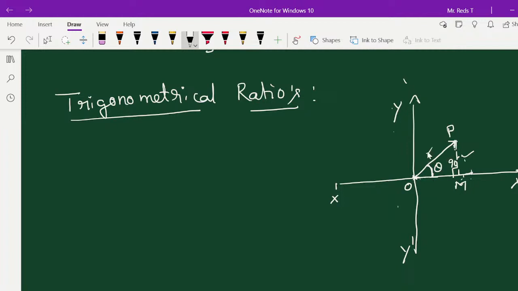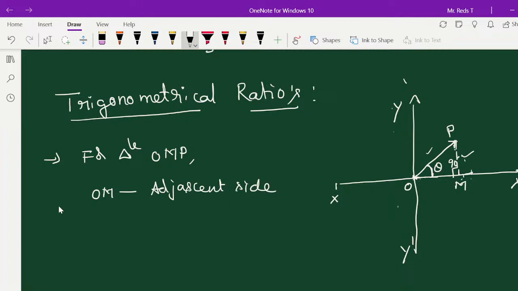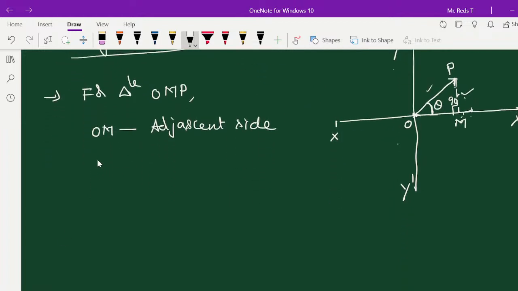So for triangle OMP, OM is the adjacent side, OP is the hypotenuse, and PM or MP is the opposite side.